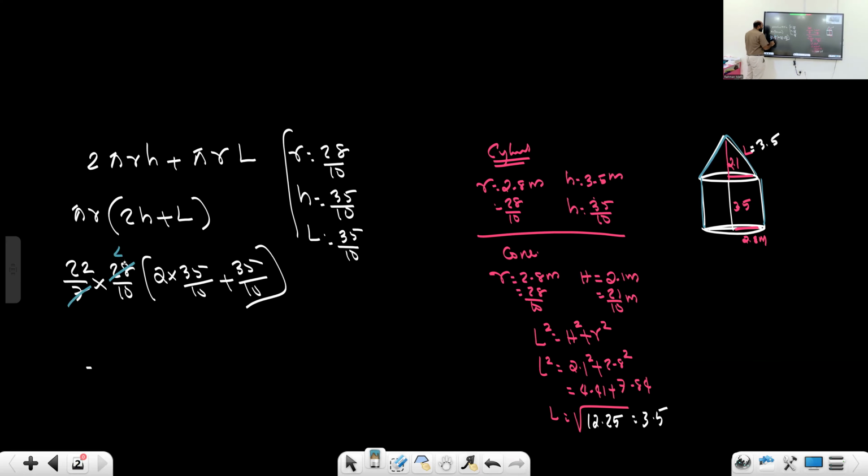This is 4, 88 by 10. 2 into 35, 70, plus 35, 105 by 10. Denominators are same. Now if you want you can cancel because some possibilities are there. This and this you can cancel by 5 two times. This is 21 times, and this and this you can cancel, 44. So what you got? 44 into 21 by 10.